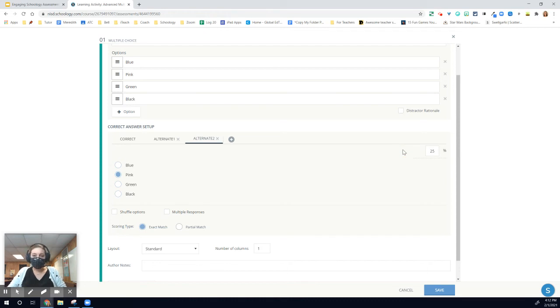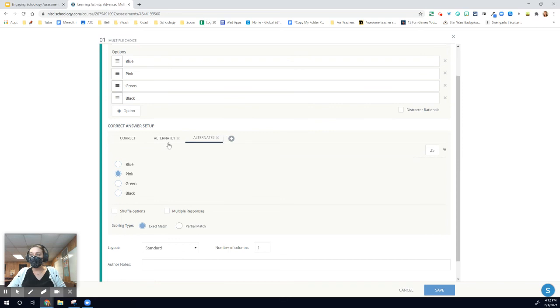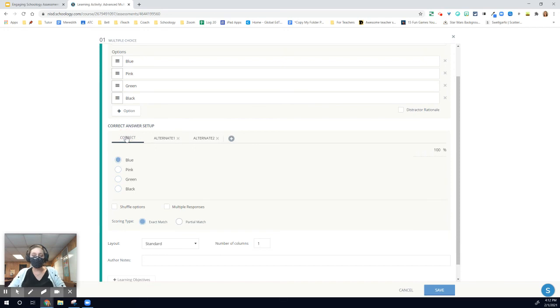And then green, unless you live somewhere that there are tornadoes. I've never experienced a tornado, so I don't know, but I've heard the sky goes green right before a tornado. Other than that, I don't think the sky really goes green. So I'm going to leave green as a non answer. So this is how you would go into a question and set up some alternate answers so that if students were to choose an answer, they could get partial credit based on the answer that they chose.